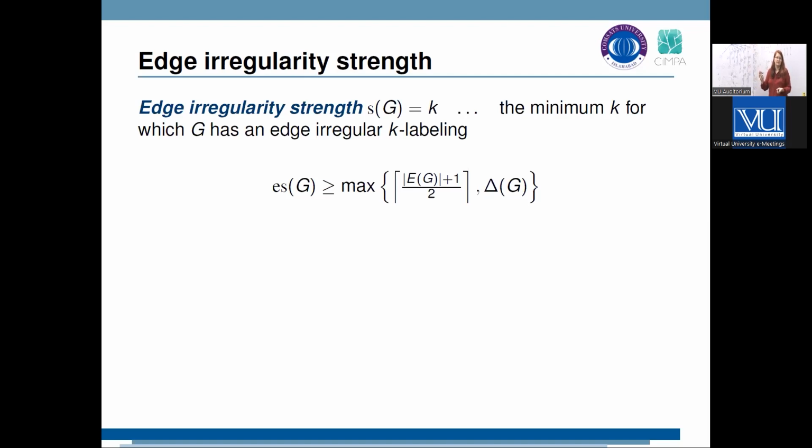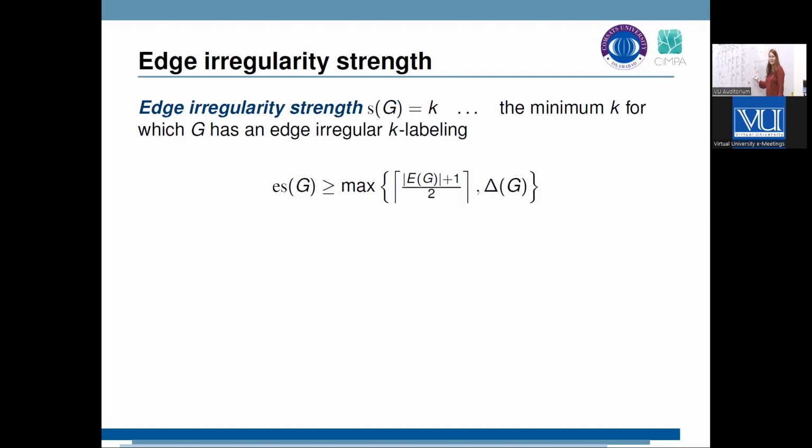So this is trivial. But consider that we have a graph with a vertex of very big degree. Using this condition, we get some bound, but for this case it will not work, because this central vertex c, its label contributes to the weight of every other edge.